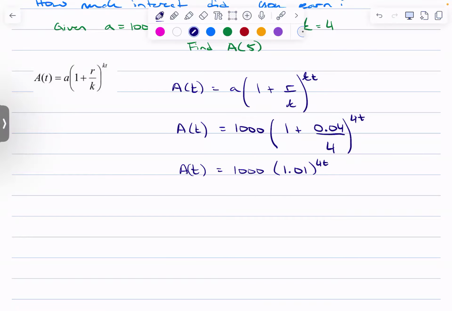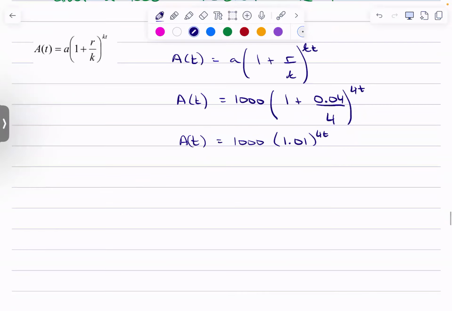It's growing, just not very fast. And so therefore, A at 5 years is 1,000 times 1.01 to the power of 4 times 5, which is 1.01 to the power of 20 times 1,000.